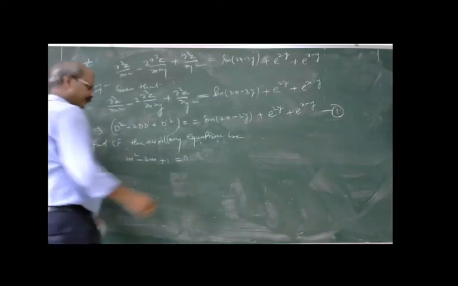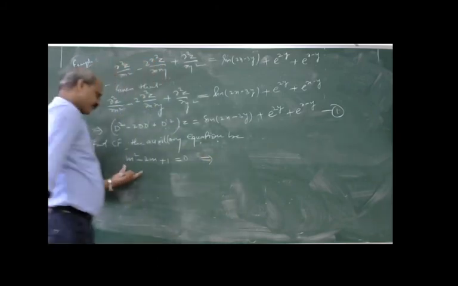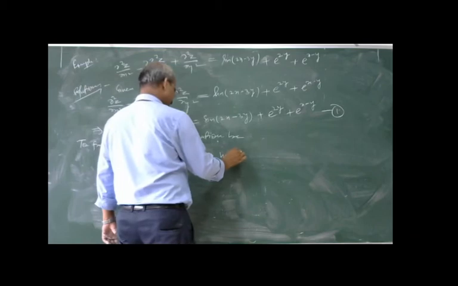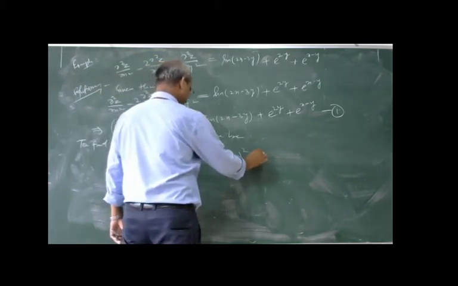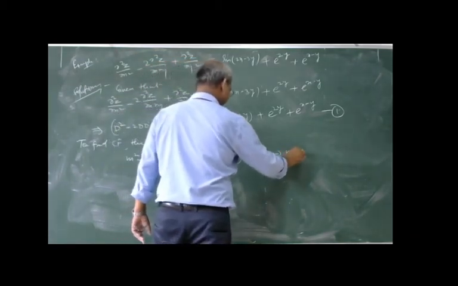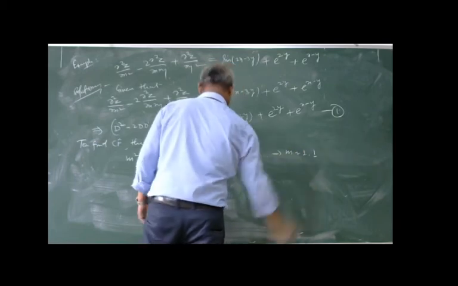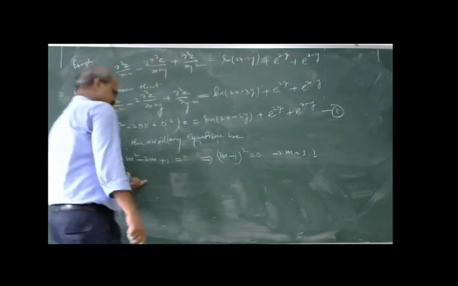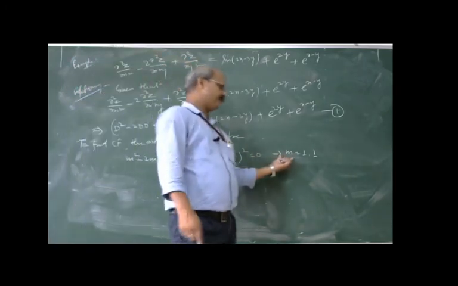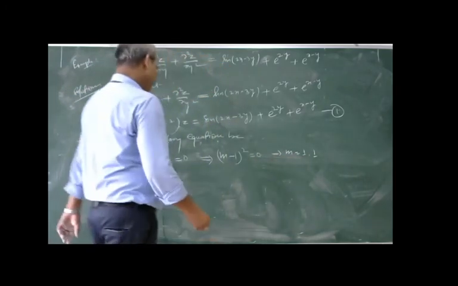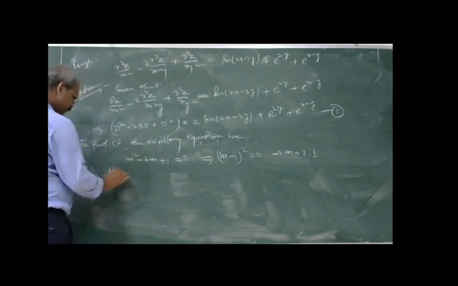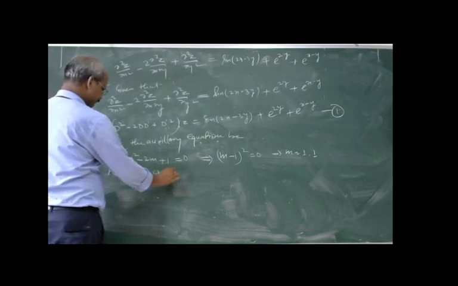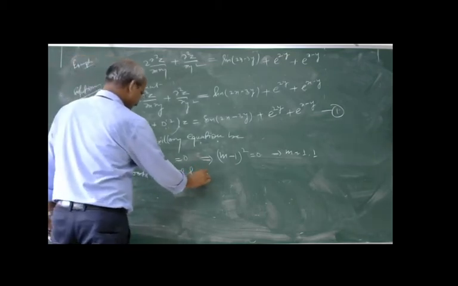So after factorizing it becomes m minus 1 whole square equal to 0. It means that m equal to 1 comma 1, because a square minus 2ab plus b square gives this. So there are two roots here. Roots are real and equal.